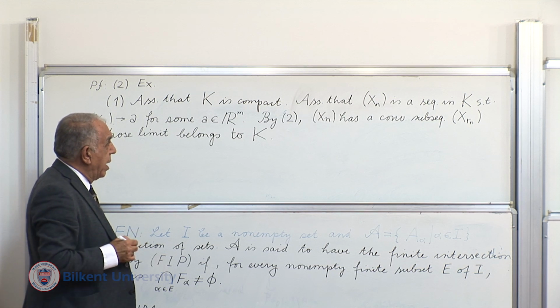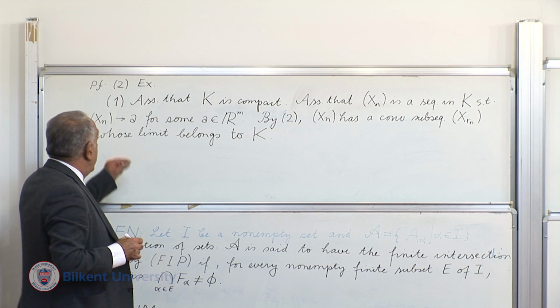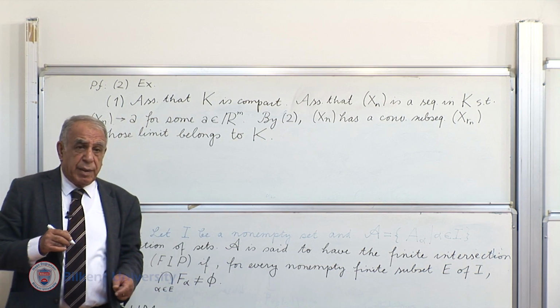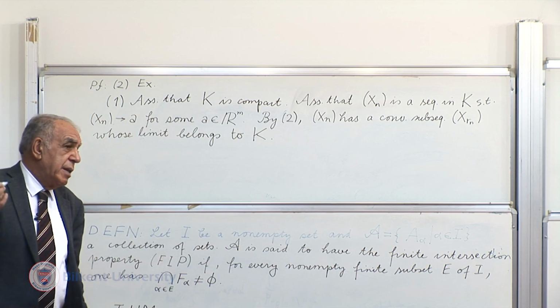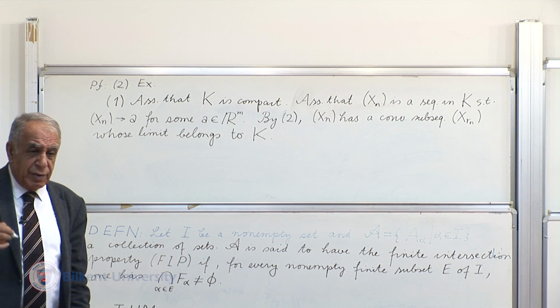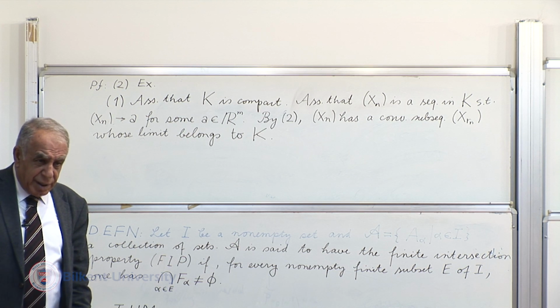But what do we know about limits of sequences and limits of their subsequences? Well, if a sequence is convergent, then every subsequence is convergent and converges to the same limit.